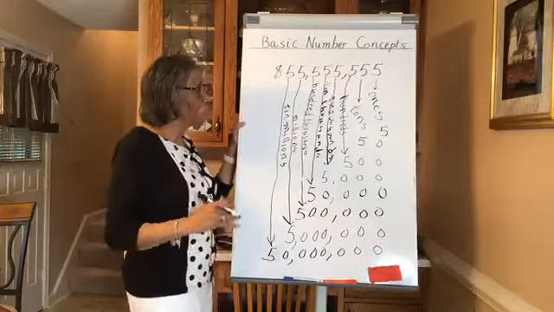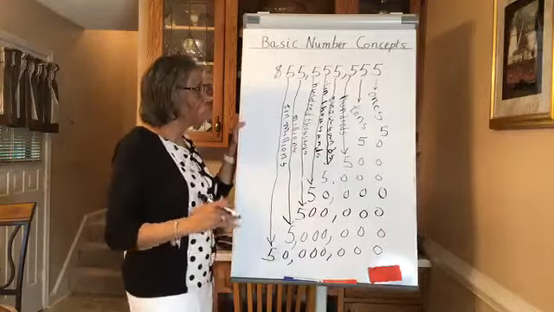If it's in thousands place, it's that many thousands. If it's in 10,000s place, you're counting by 10,000s. If it's in 100,000s place, you're counting by 100,000s. And if it's in millions place, you're counting by millions: 1, 2, 3, 4, 5. And if it's in 10 millions, you're counting by 10 millions: 10, 20, 30, 40, 50 millions. All right? And notice something else.